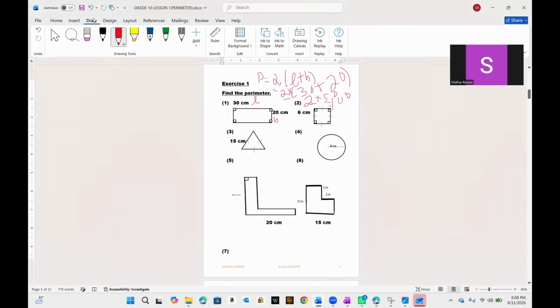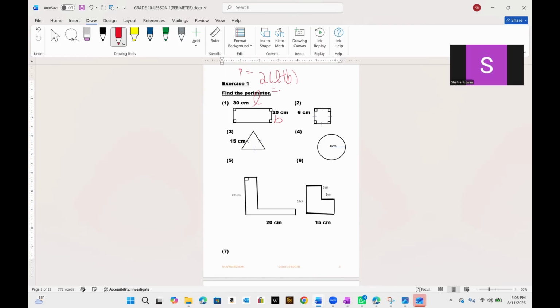Okay, guys, now see here. Now here, how are we going to calculate the perimeter of this rectangle? Here this 30 centimeter is the length and 20 centimeter is your breadth. Let's use the formula. Perimeter equals to 2(L plus B).